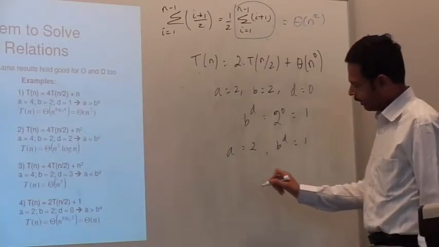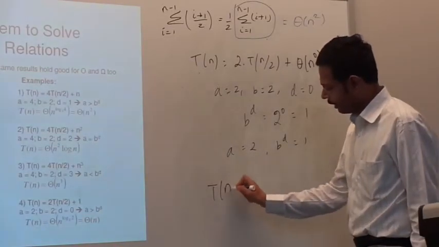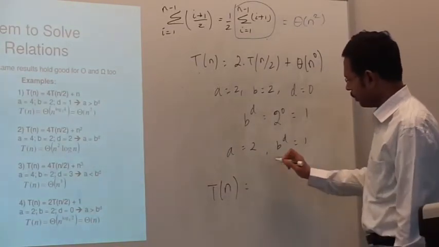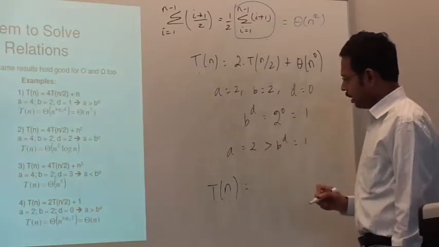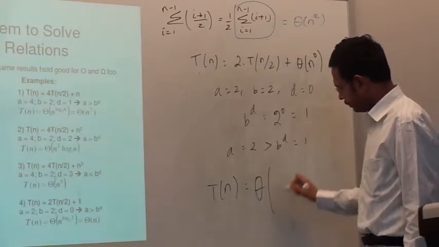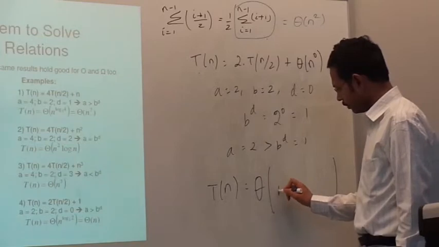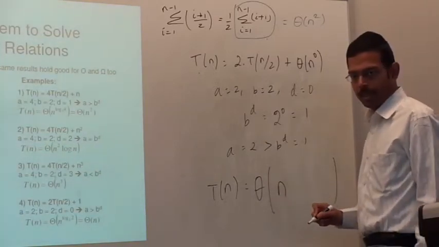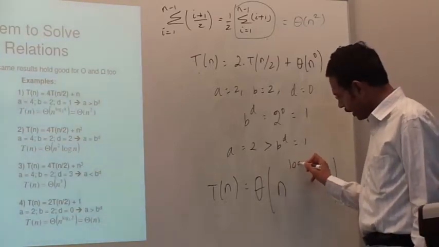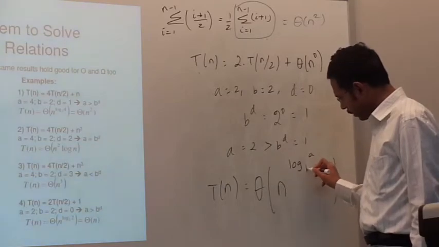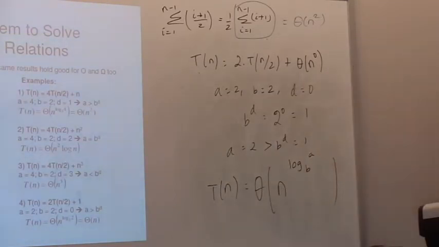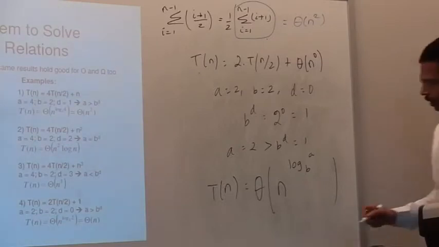So what is your final answer? When a is greater than b raised to d, it is theta of n raised to log a to the base b. So what is that?